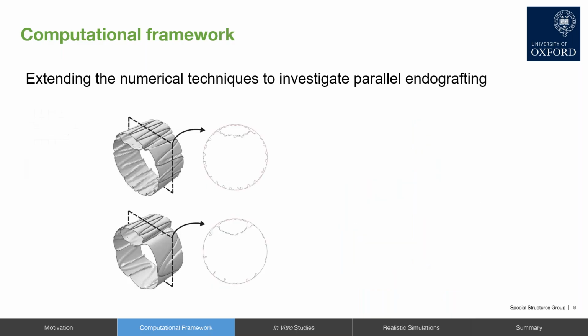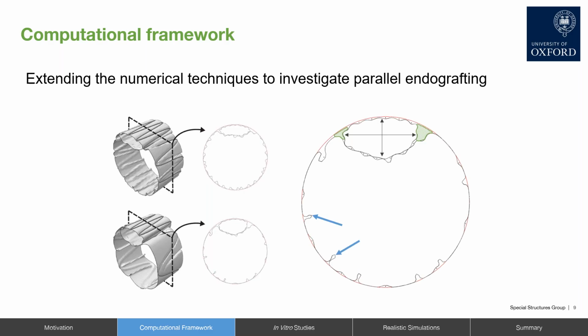Okay, now what we've done is extend this baseline and simplistic framework into something relevant to investigating parallel endografting. And what we see here is two configurations of two different main grafts and what the resulting cross-section looks like if placed in parallel with an equivalent chimney graft.